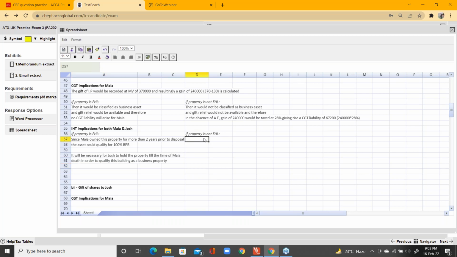If this property is not FHL property, what are the tax implications under IHT for both persons?